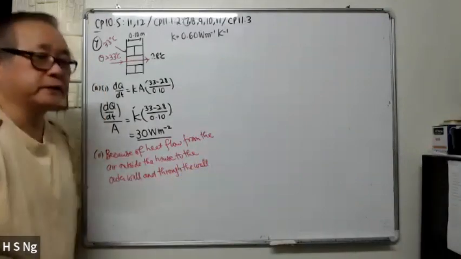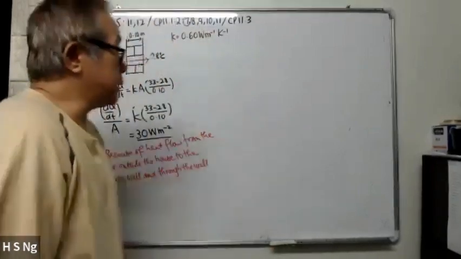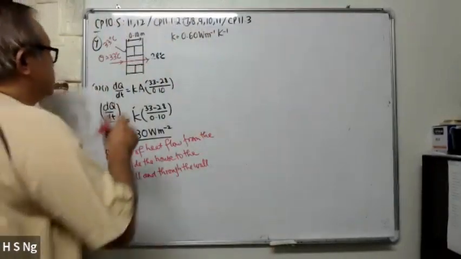If there's no difference in temperature, the heat cannot flow, okay? So the temperature outside must be higher than 33.